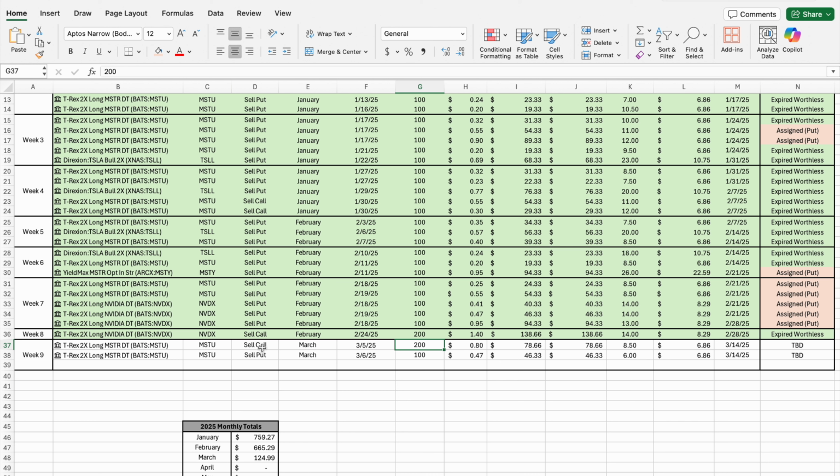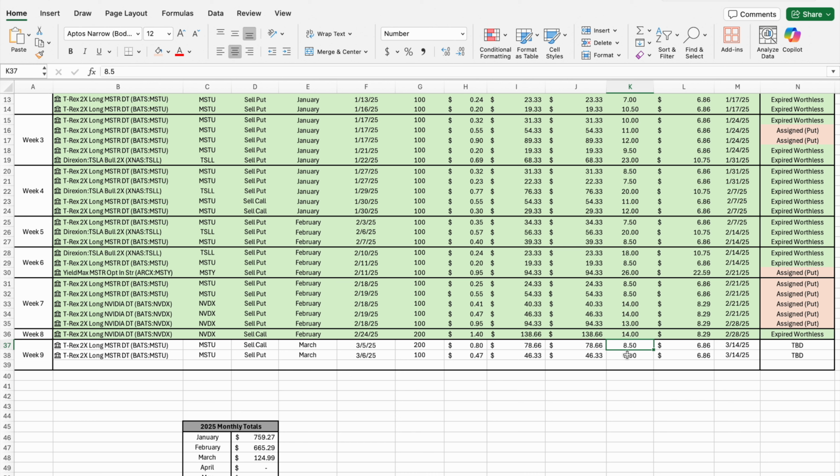So looking down here, now because I got assigned selling the put, and now I own those shares, I turned around to sell a call, which means that the buyer buys the contract from me and reserves the right to buy my 200 shares of MSTU at a strike price, over here in column K, of $8.50 a piece between now and March 14th.